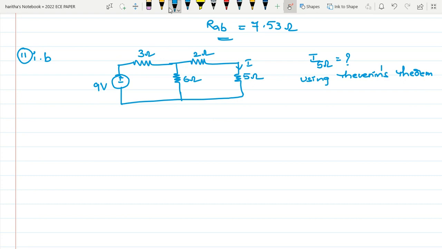Listen carefully for finding the current passing through a resistor using Thevenin's theorem. First of all, what Thevenin's theorem is saying is you can replace any given network with the Thevenin's equivalent network. What is the equivalent network?